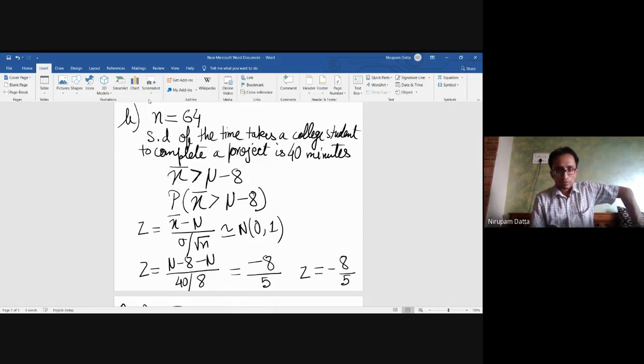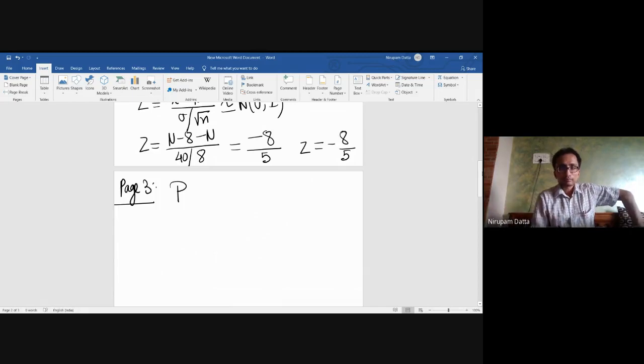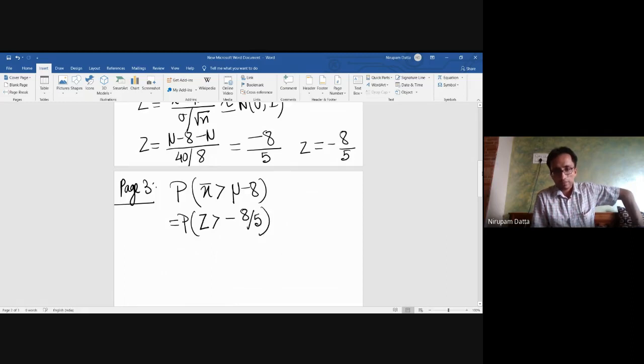This is the standardized normal variable, Z is equal to this. So we have to find P of x bar greater than mu minus 8, which means Z is greater than minus 8 by 5.